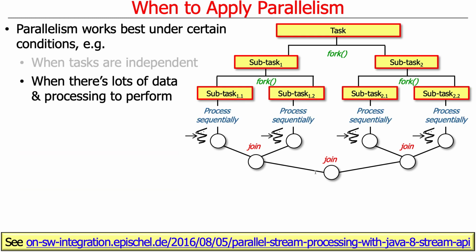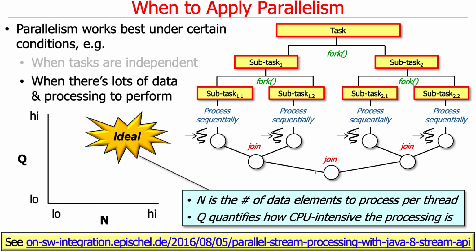Parallelism also works best if there's lots of data and lots of processing to perform. The more data, the better you're going to be able to take advantage of multiple cores. The more processing, the better you're going to be able to take advantage of multiple cores. In fact, there's an equation visualized through this little chart that shows the ideal circumstance for parallel computing.